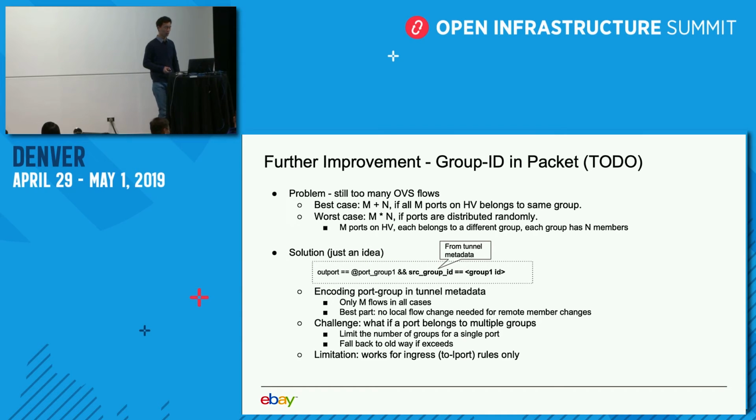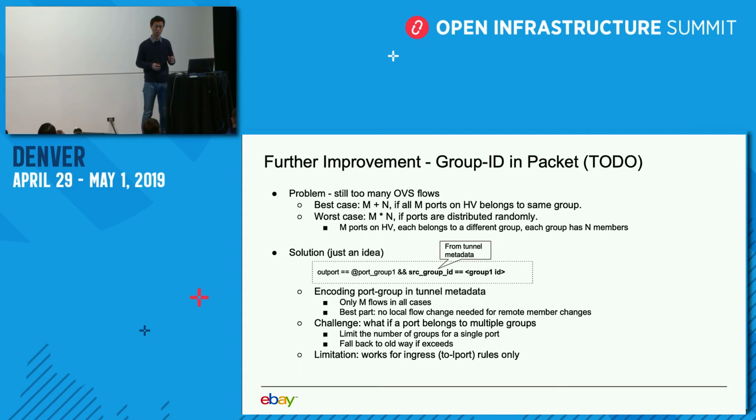There's some more improvement we can still do, on the to-do list. Although port groups improve this a lot, in the worst cases the number of OpenFlow rules is still huge in the hypervisor. To further improve this, I think we can carry the security group ID, or application ID, whatever ID, in the tunnel header, so that ID can be carried by the packet.